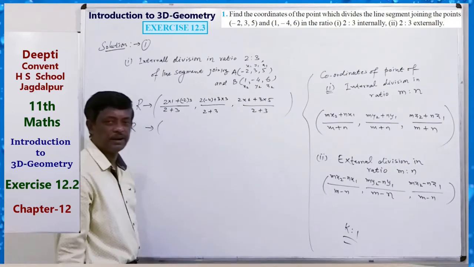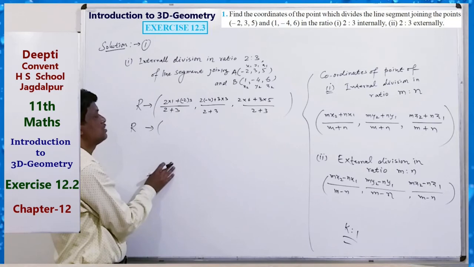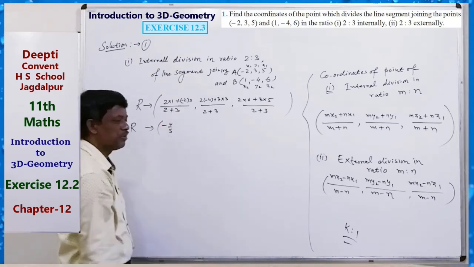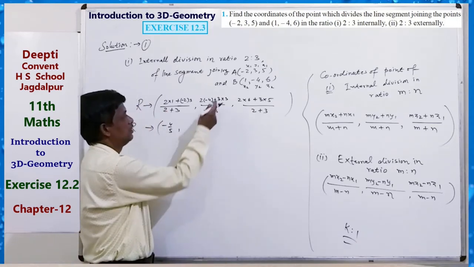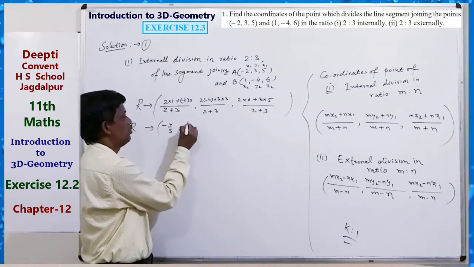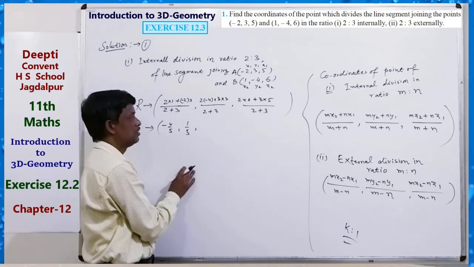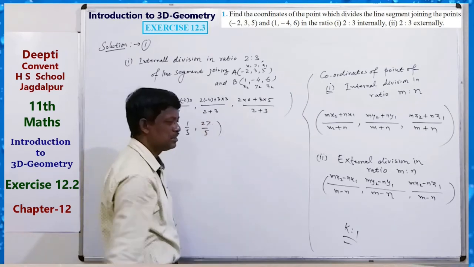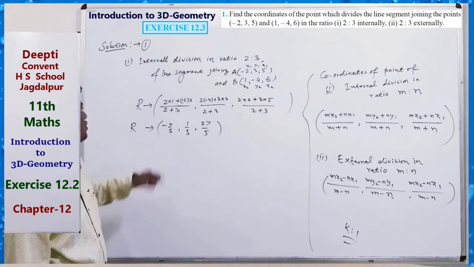Just solve it. 2 minus 6 gives minus 4 by 5, and here 9 minus 8 gives 1 by 5, and here 12 minus 15, that is minus 3 by 5. So this is the division point.